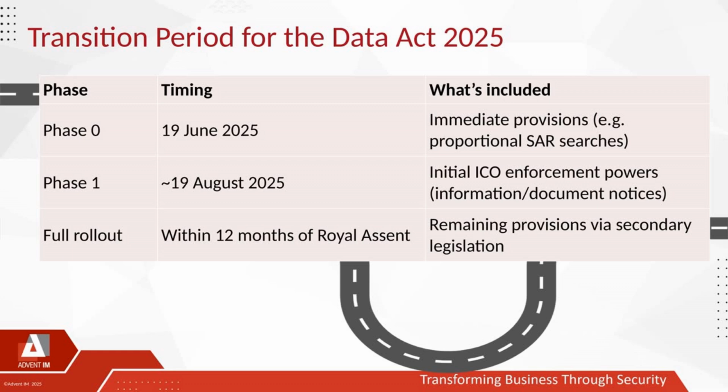Then effectively, within 12 months of royal assent, so just under a year from now, all of the remaining provisions via secondary legislation will become extant. So we must be able to introduce all of those changes into our organisation by then, because that will be the end of the transition period. And from that point forward, effectively the new legislation is in place.